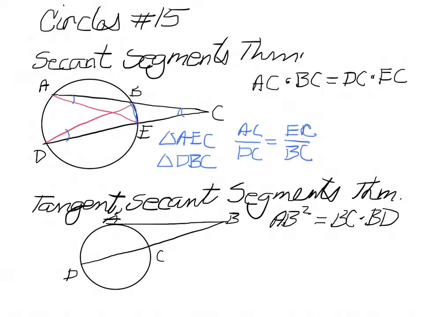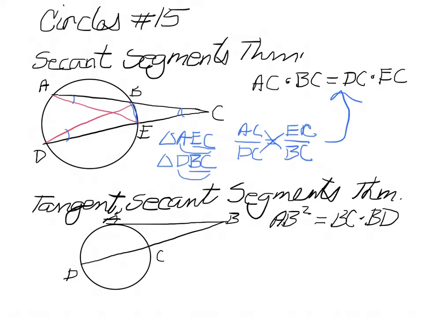If you remember, we were comparing different parts of each triangle, the corresponding parts. Well, if you now look at this and you cross multiply, then you're going to get what we have up here. And that's why this theorem is true. So that takes us to the next theorem.